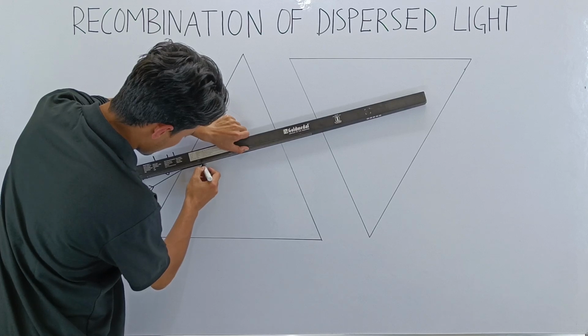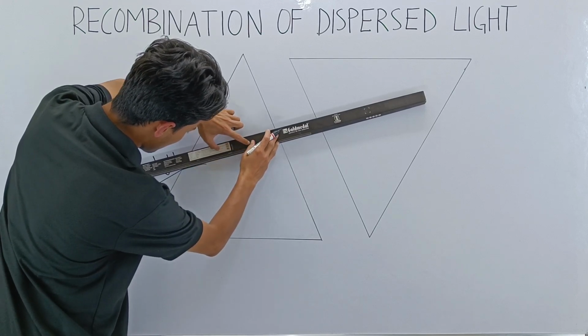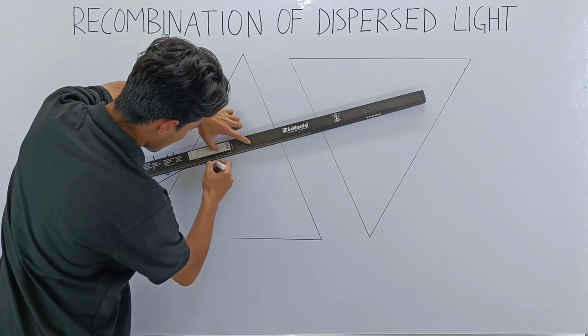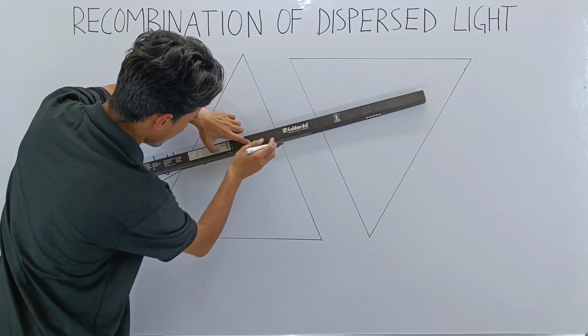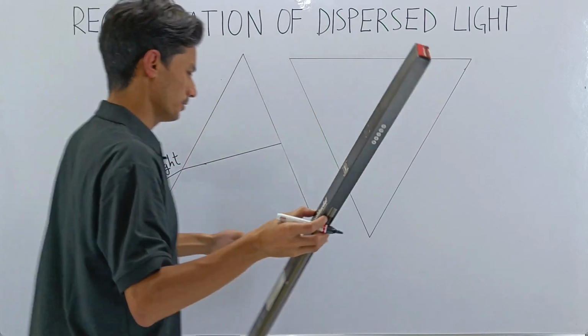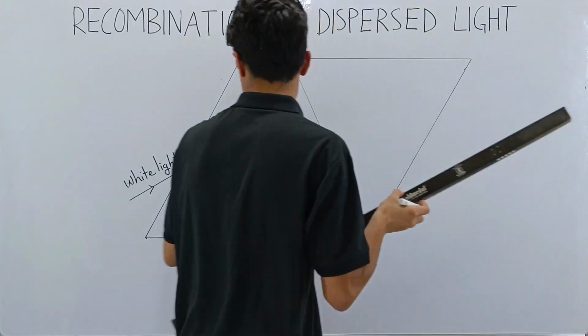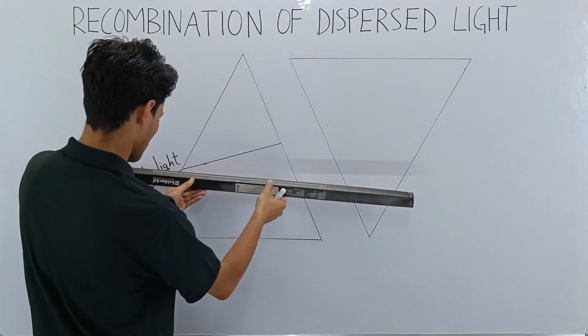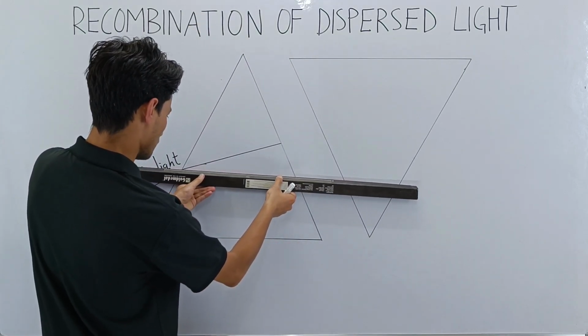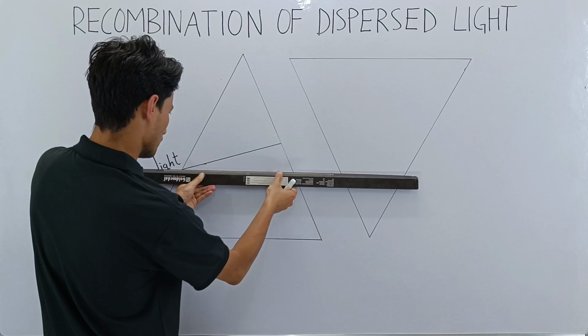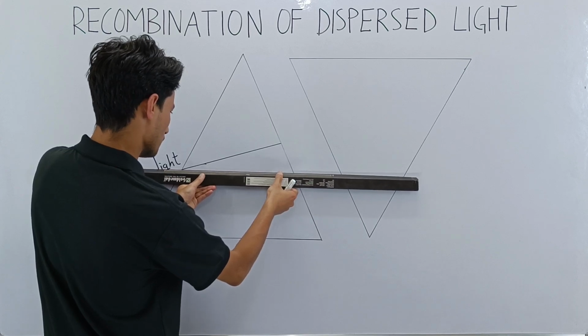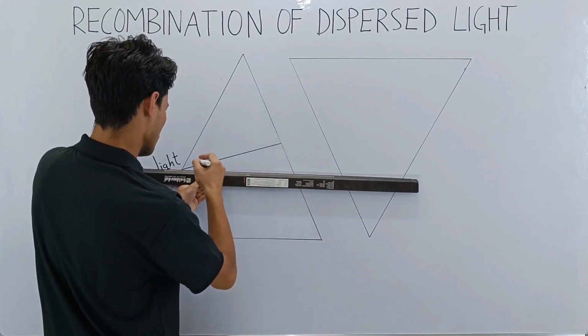So let us draw the dispersed light. I have to maintain steadiness. So this is one, and let me draw the second one like this.